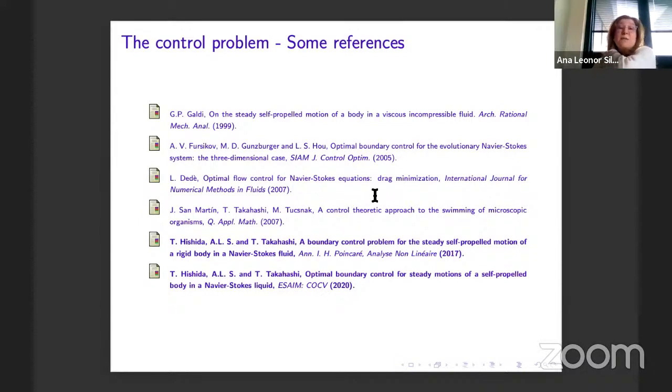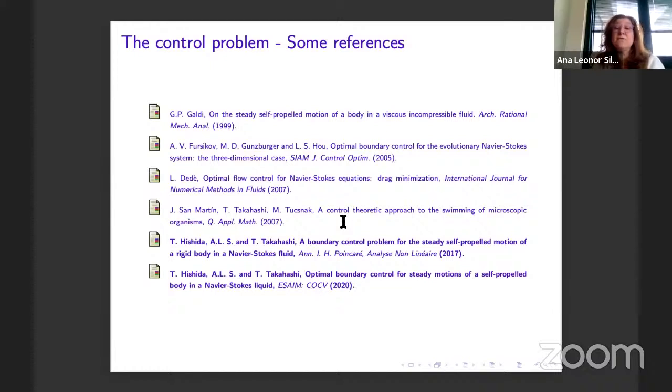Still about drag minimization, there is also this other paper. Here it's a bounded domain, and here the control is also concentrated on the part of the boundary, in this paper of Luca Dedè.